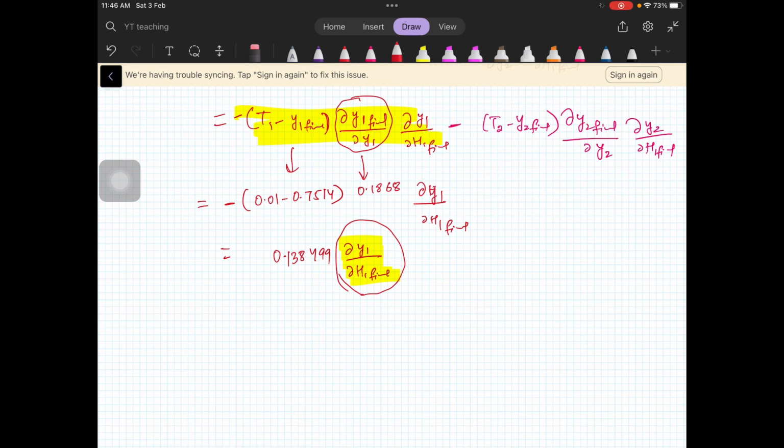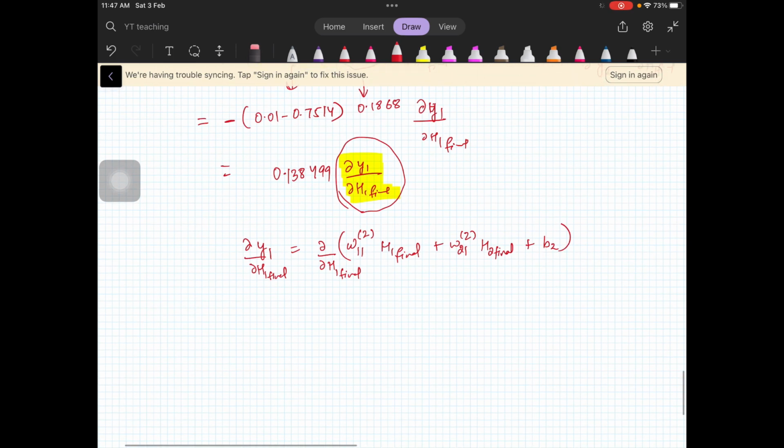So what is your Y1 in terms of H1 final? You see Y1 is W11, the second layer weight, H1 final, and then you have W21, the second layer weight, then H2 final, and then you have a bias term B2. So ∂Y1 by ∂H1 final would be just this weight here.